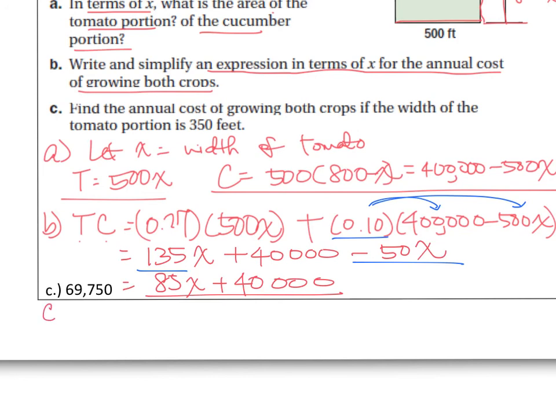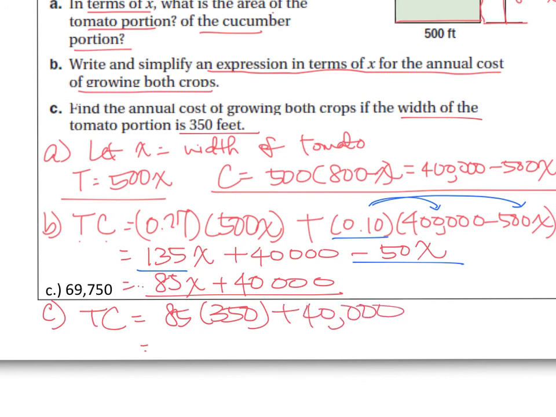And for part C, find the annual cost of growing both crops if the width of the tomato portion is 350 feet. So TC is sub in 350 for X. We're using the expression from part B to calculate the total cost when the tomato portion is 350 feet.